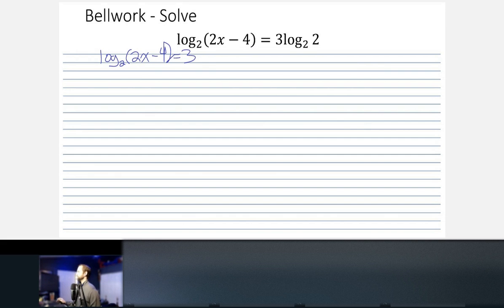Okay, now what? I'll base 2 both sides. Yeah.